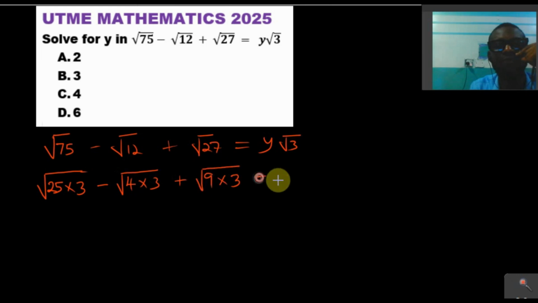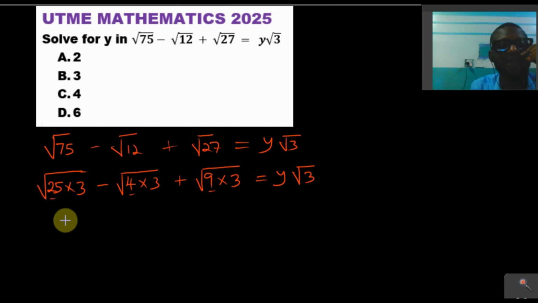All roots is equal to y√3. When you look at each of these numbers here, this is a perfect square, this is a perfect square, and this is a perfect square. Now when you find the square root of 25, it's going to give you 5.